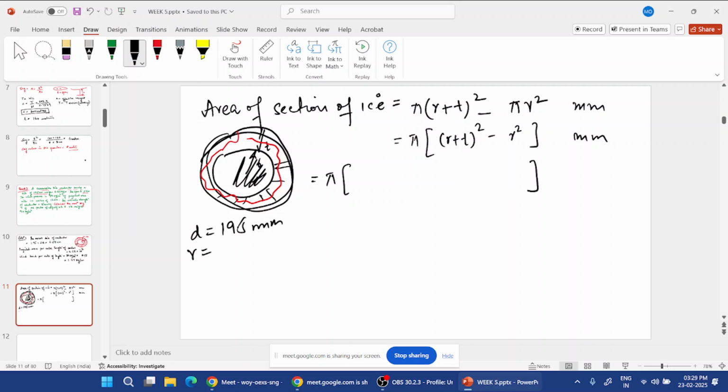So R will be 9.75, if we just divide it by 2. Okay. These are all calculations in mm. Now, what happened here is that 45.5 divided by 2. Now, what is R? R is 9.75 plus what is T? It is 13. So if we add this, it will come out to be how much?